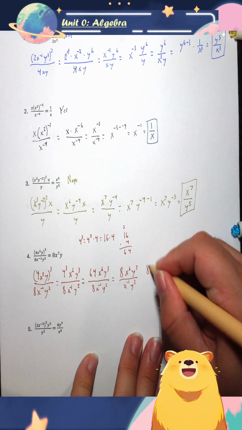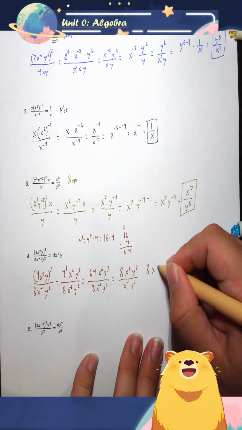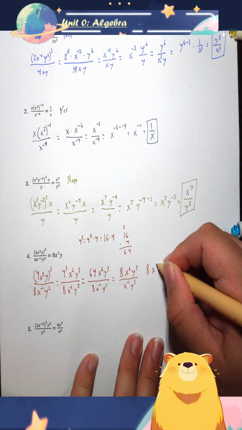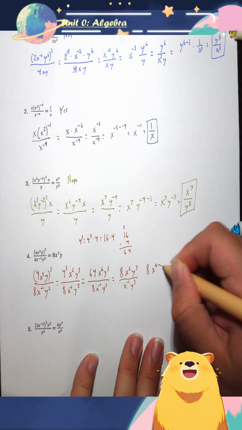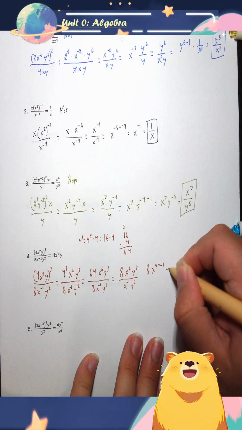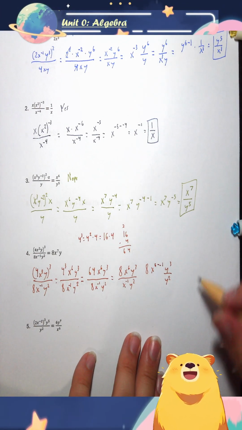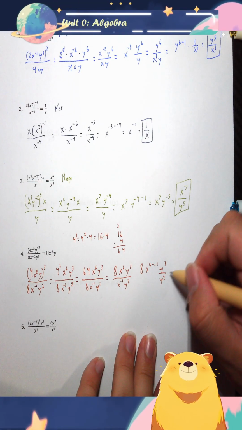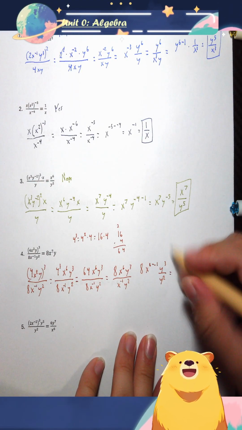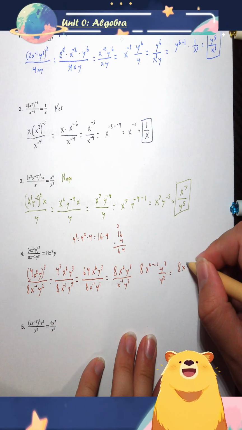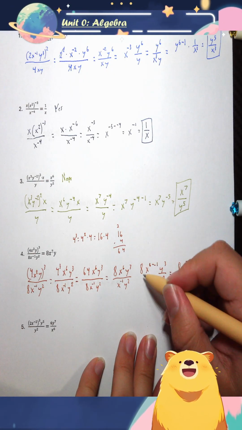We got 8x to the 6 minus a negative 1, and then y to the third over y squared. And that's going to be 8x to the 7.